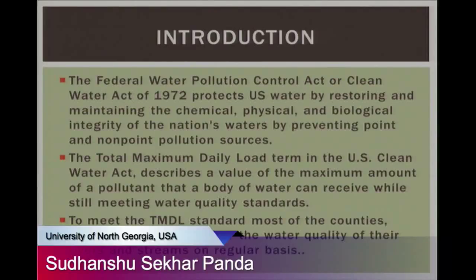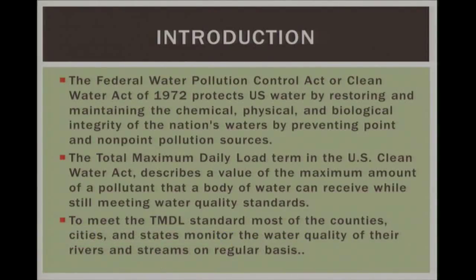The objective of the act is to restore and maintain the chemical, physical, and biological integrity of the nation's water bodies by preventing point and non-point sources from going into the water bodies.